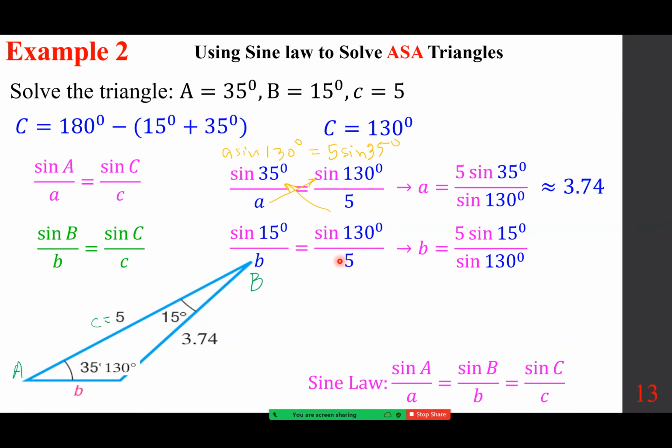So product of these two divided by this gives you b because of the cross product here, okay? And so using a calculator, we get 1.69. So we're going to replace the missing b with that. And we got all the angles, all the sides, and we are done.